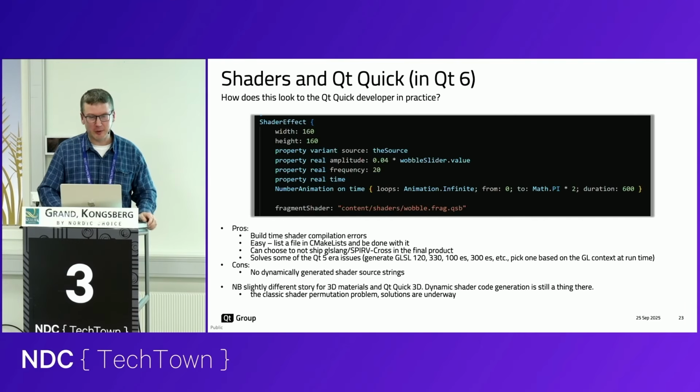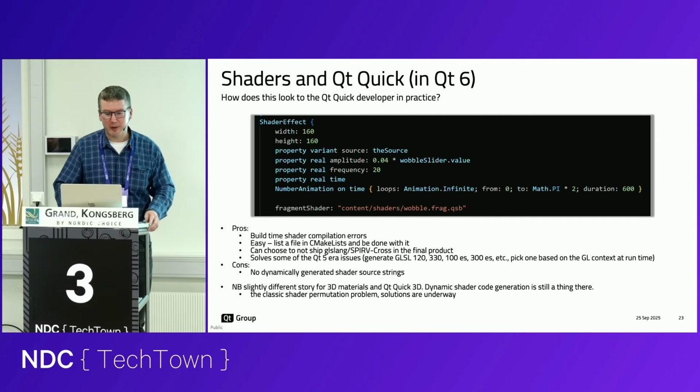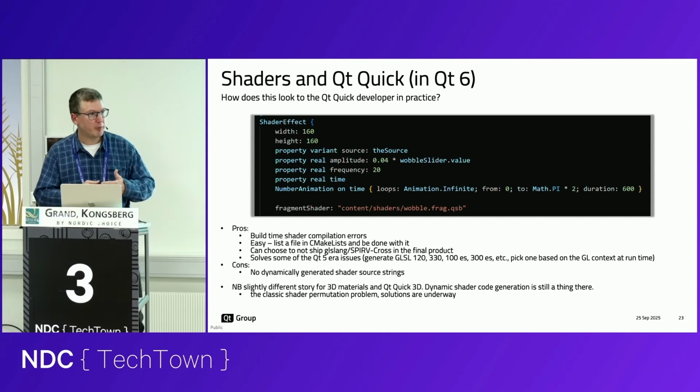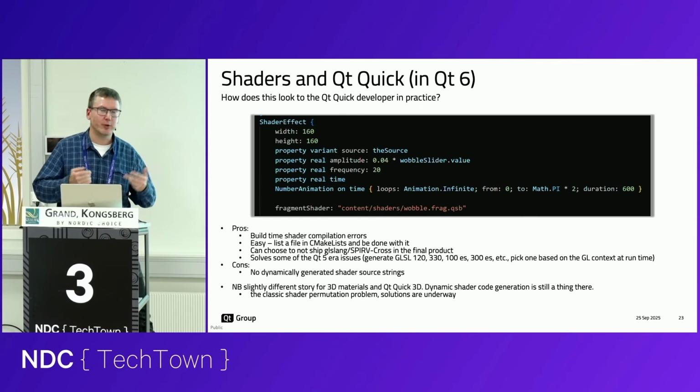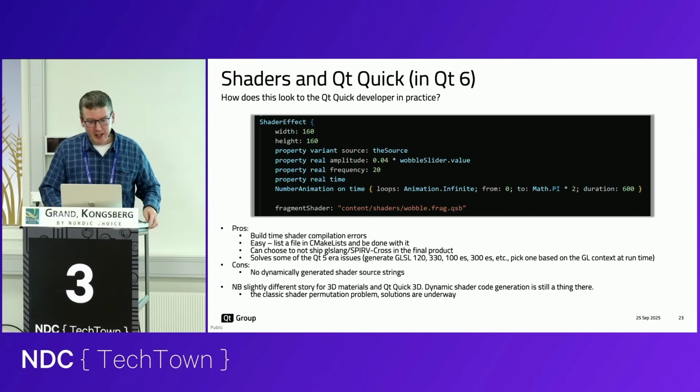And by the way, this also solves that whole GLSL problem I showed for Qt 5 by design, because now you just pick the right GLSL version depending on the OpenGL context you have. Okay, downside, yes, of course, now you can't dynamically generate a source string because fragment shader is no longer a string property. It's a file name, well, it's a URL, technically.